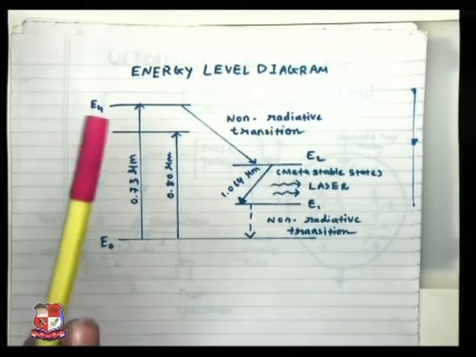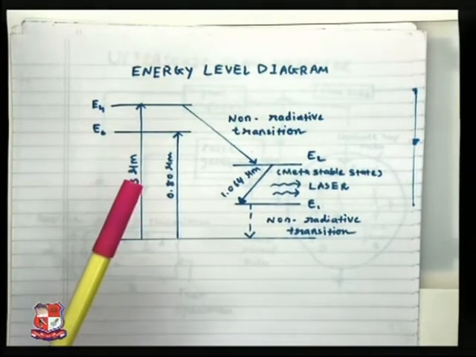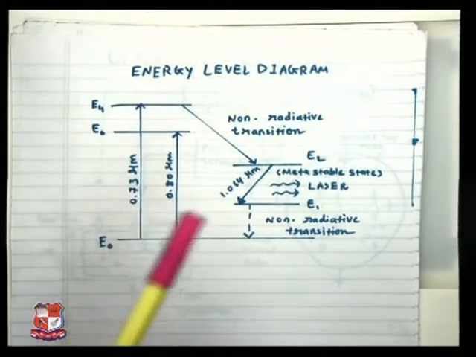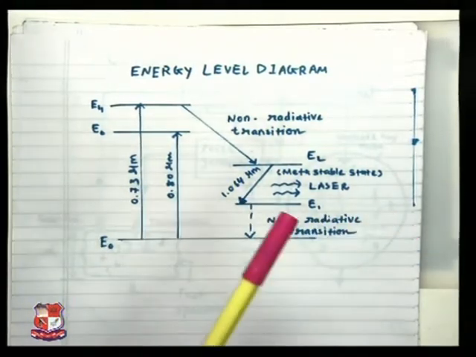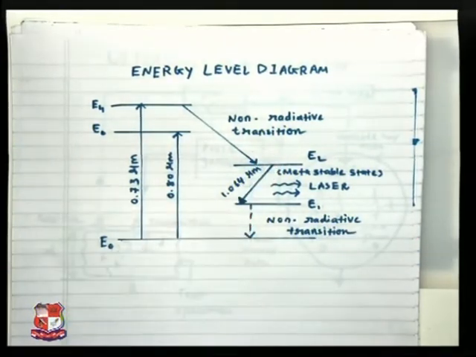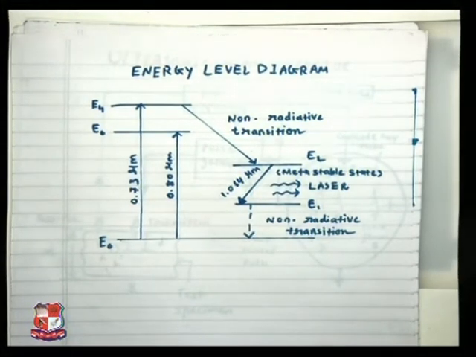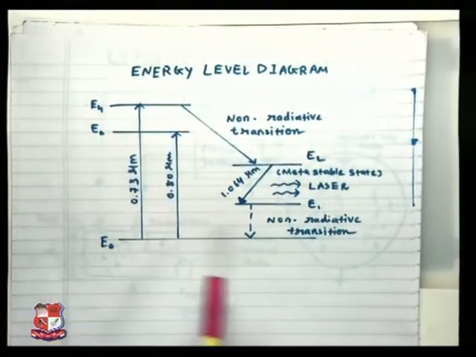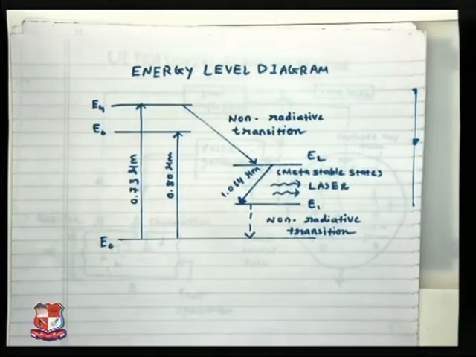That means due to continuous excitation and the stimulated emission, laser is generated when the transition in the metastable state takes place. So by explaining this energy level diagram, drawing it perfectly, you can explain the working.